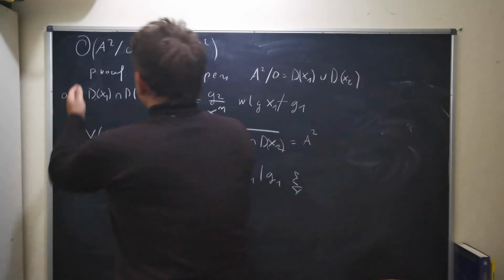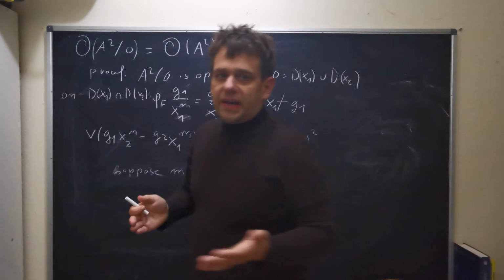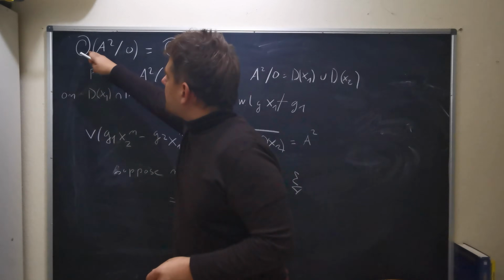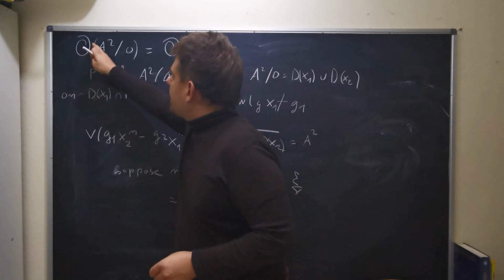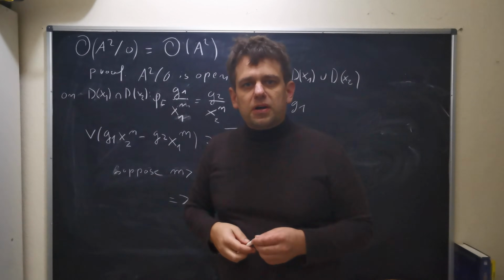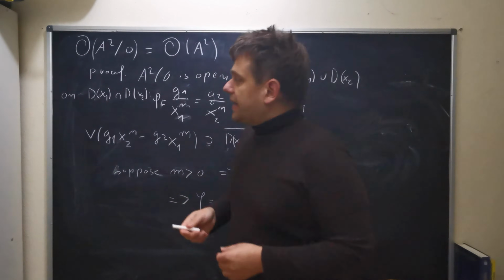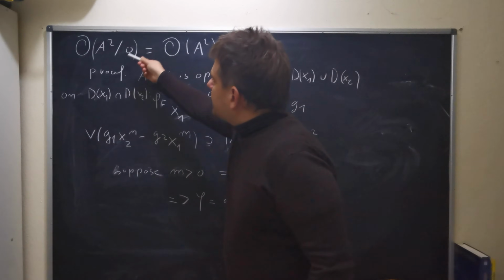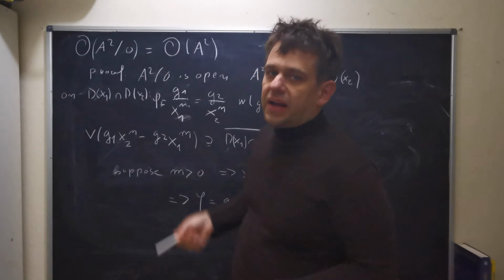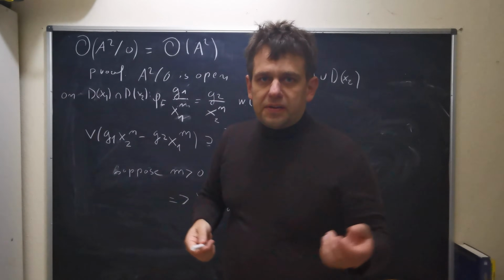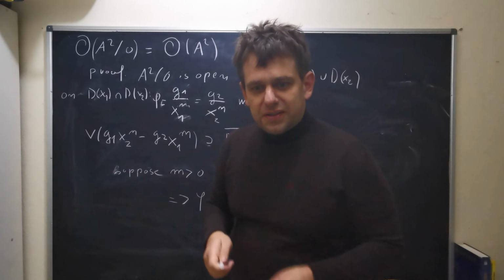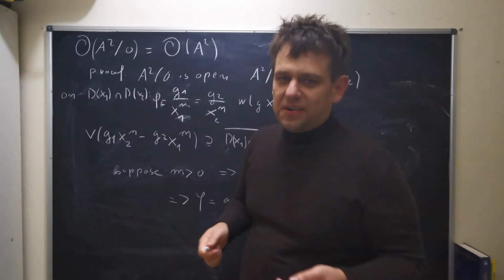So assume that you look at the punctured plane A2 without the origin, and consider the ring of regular functions on this punctured plane. Then what I claim is that this ring of regular functions is really the same as the ring of regular functions on all of A2, so the plane without leaving out the zero.